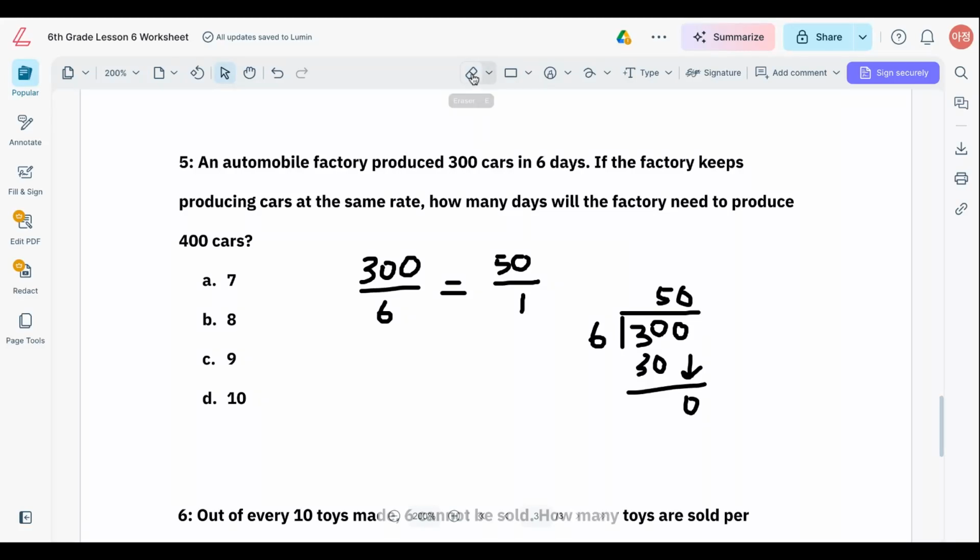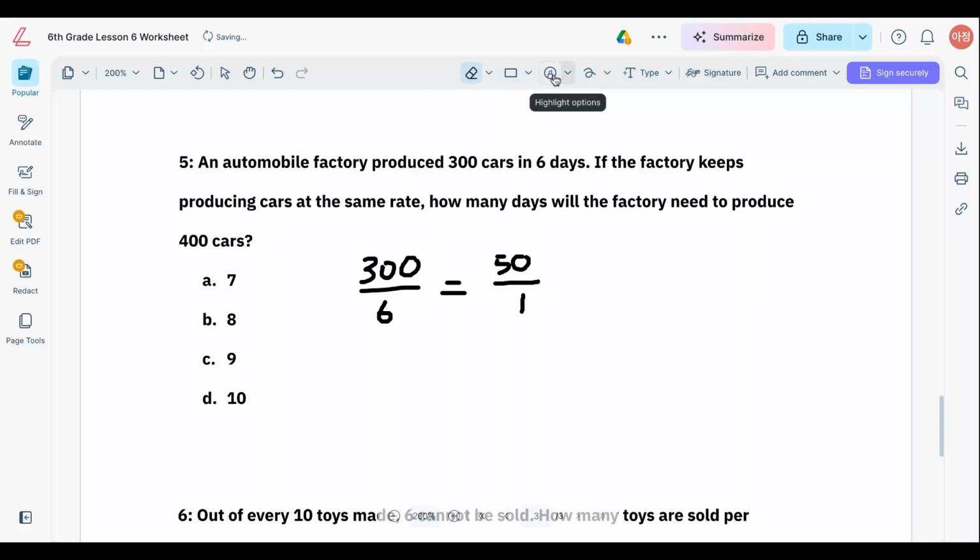You just get rid of this. But we're trying to find 400 cars. So we use this ratio, or we use this rate, and then we find when it's 400 cars. And then let's just say this is X again. So we need to find how much we would have to multiply here.